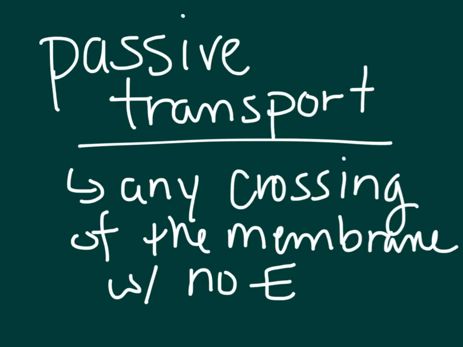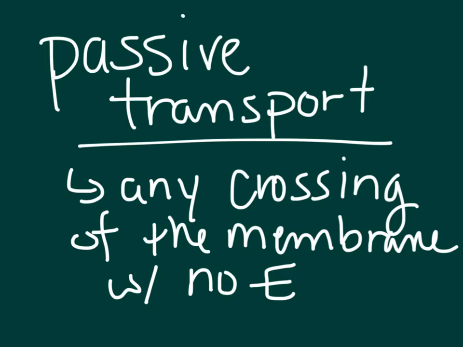Anytime you have molecules that pass through the membrane without using energy, we call it passive transport. So osmosis, diffusion, and facilitated diffusion are all forms of passive transport. So they require no energy at all. It just happens. They're passive.